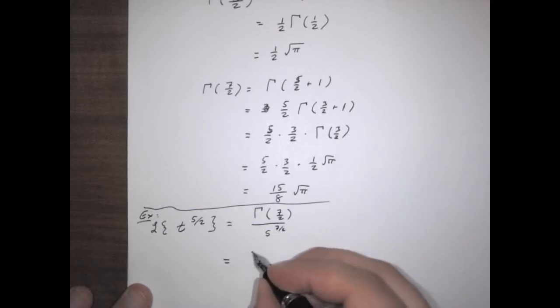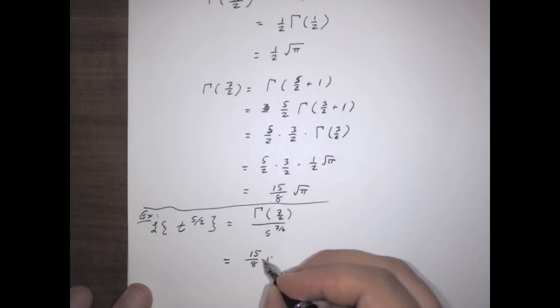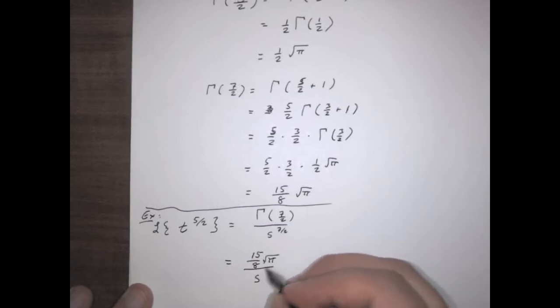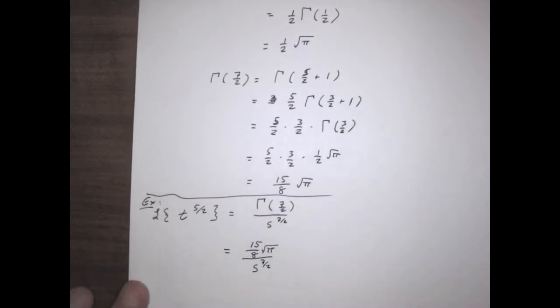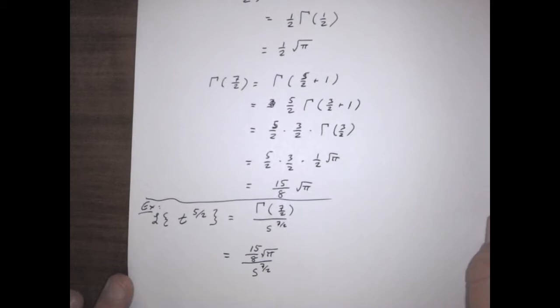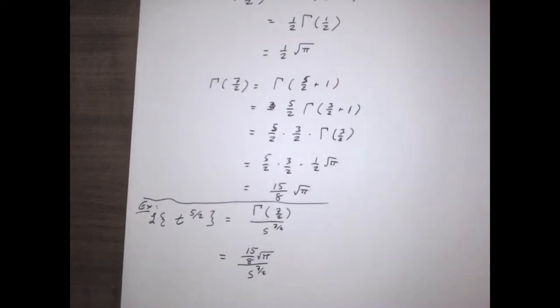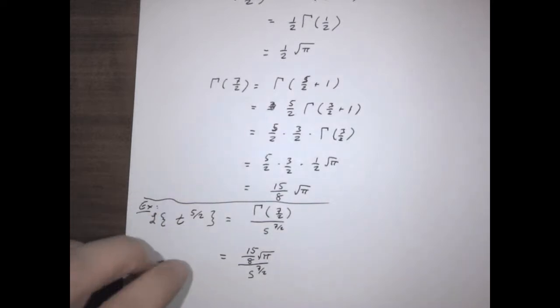And so that'll be 15 over 8 square root of pi over s to the 7/2. Alright, so that's what to do in the case of a power function where it's not an integer power.